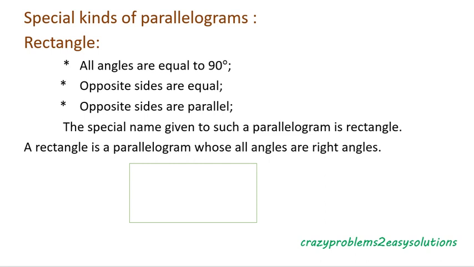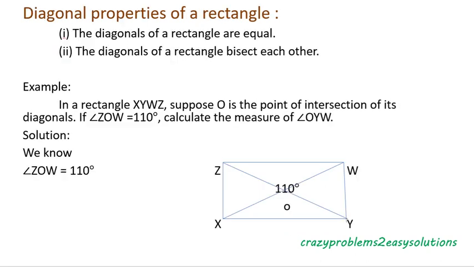The special name given to such a parallelogram is rectangle. A rectangle is a parallelogram whose angles are all right angles.